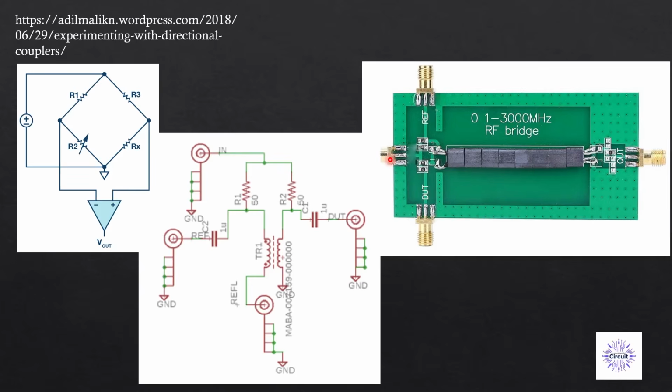This is the input, and the reference side we just terminated with a 50 ohm resistor, and DUT is the device that we want to measure S11 for. Initially I used this bridge, but as we go on, I show that I didn't get very good behavior from it across all the operating region, which causes some inaccuracies in our measurement.